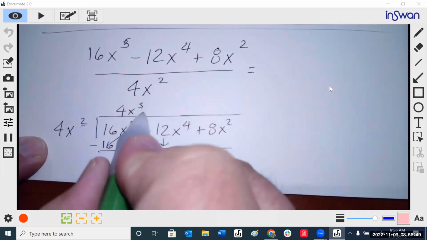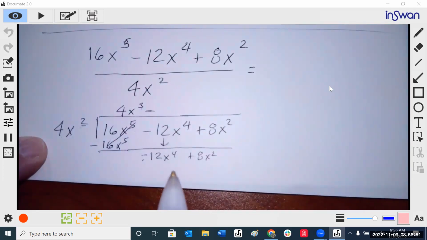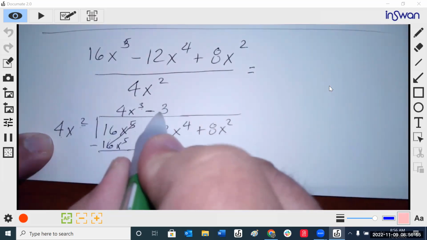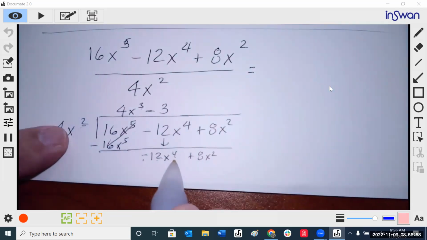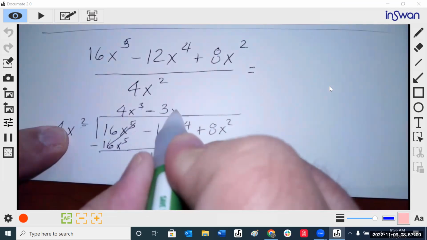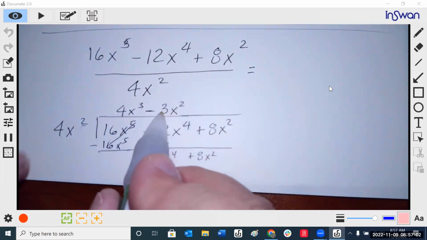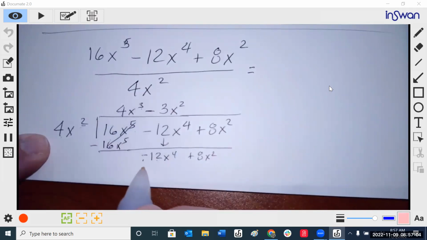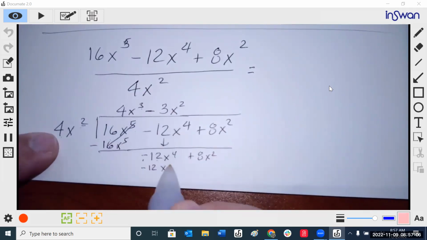Positive times negative is a negative. What times 4 gives me 12? 3. How many more x's do I need? 2 more. So negative 3 times positive 4 is negative 12. 2 plus 2 is 4. Change signs and add.